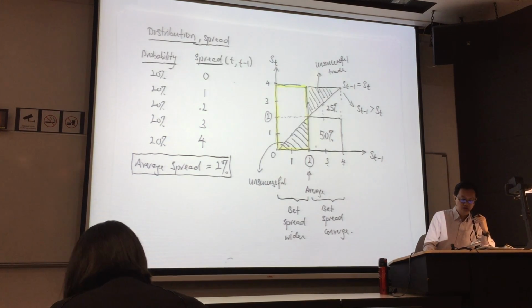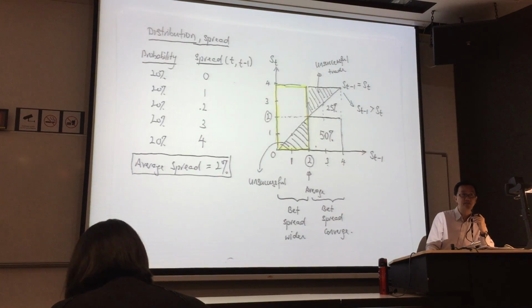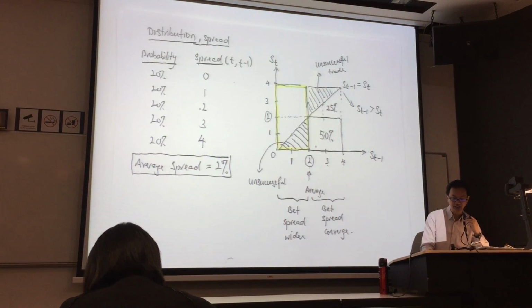Understand? So before you quit your studies and go back and do this pair trading, you must know that this probability of success, 75%, is based on a key assumption.